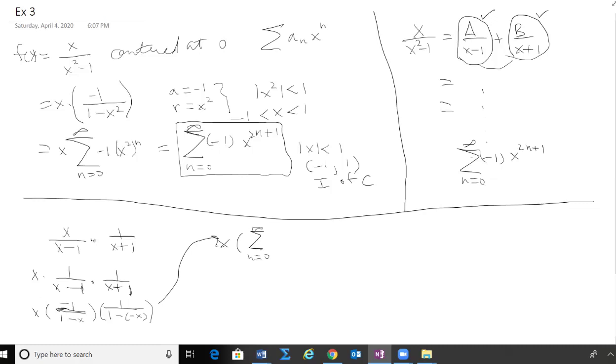You have this with a negative 1, and then you have an x to the n, like that. Okay, and then the other series looks like this, and then you have a negative x to the n, like that.